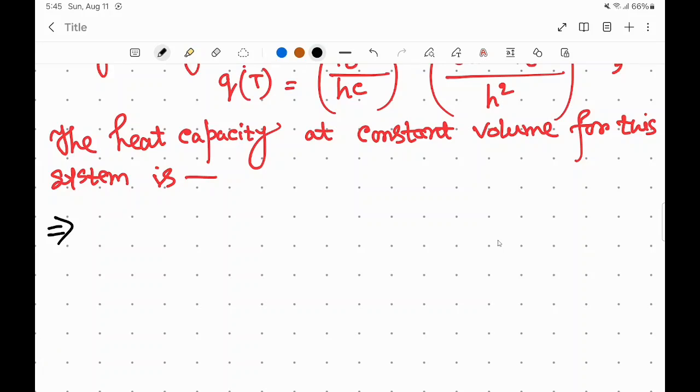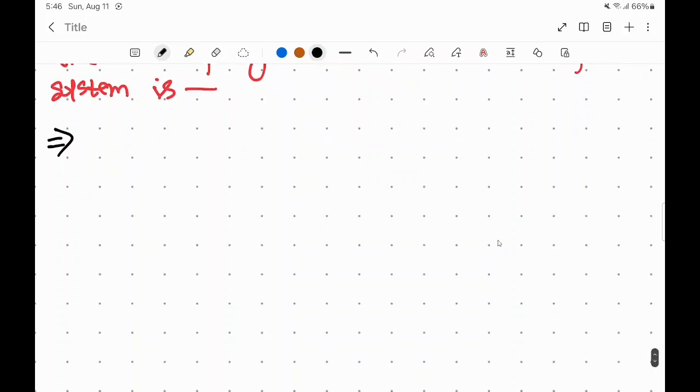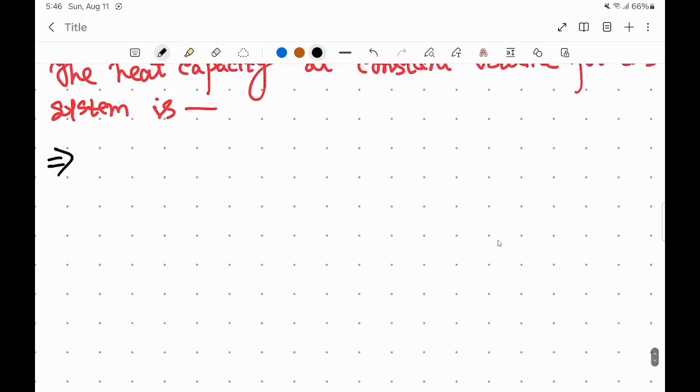d ln q by dT, that is not the heat capacity. Let me go step by step.